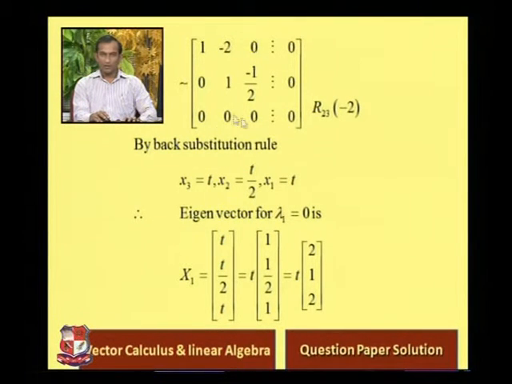So here in the third row, all elements are 0. That means a leading one in the third row does not exist. That means x3 is our free variable.